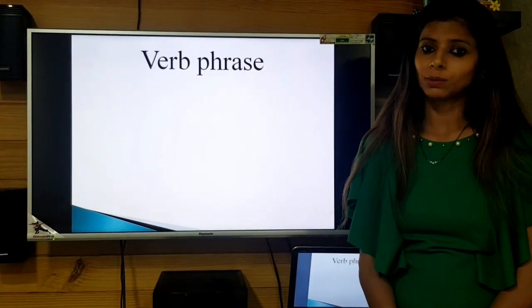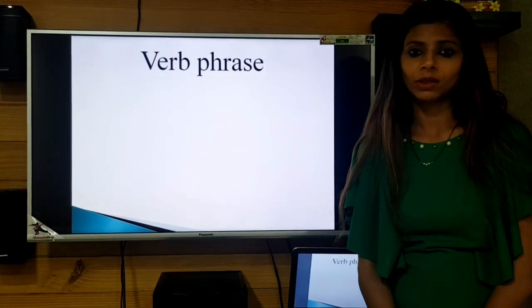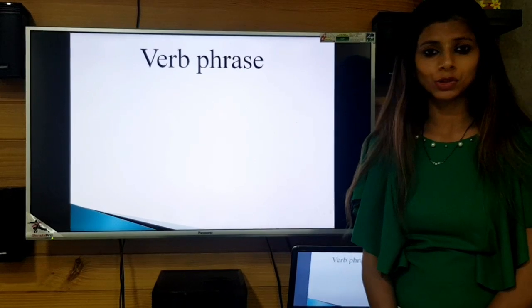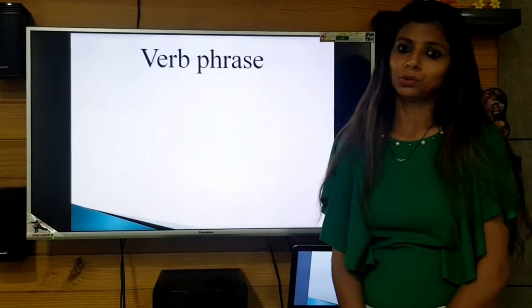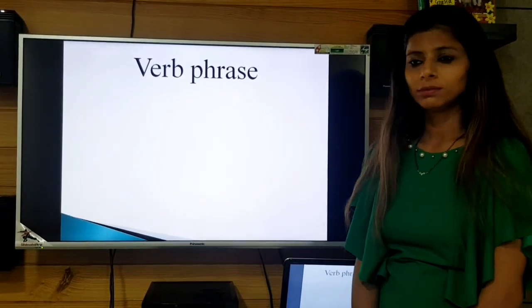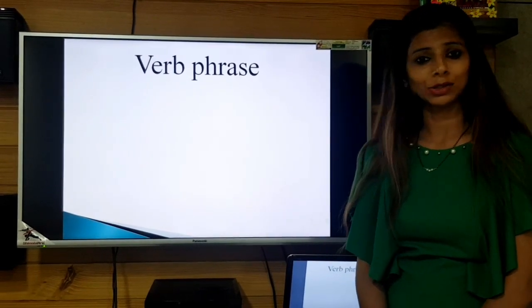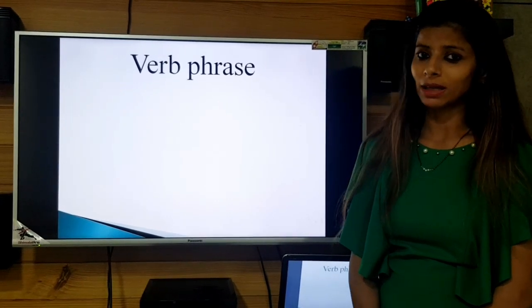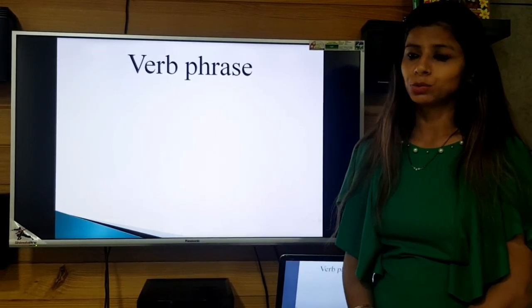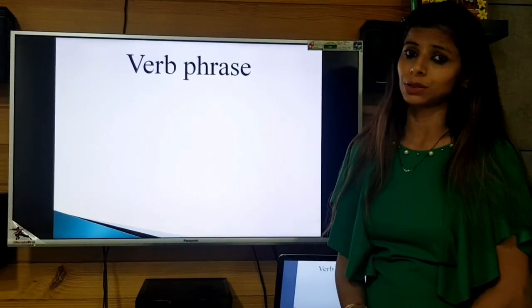We talked about noun phrases in our previous video. Today I am here with verb phrases, which is another kind of phrase. You know what a verb is. So here the phrase would be a group of action words or helping verbs: two or more action words, or helping verb plus action word.